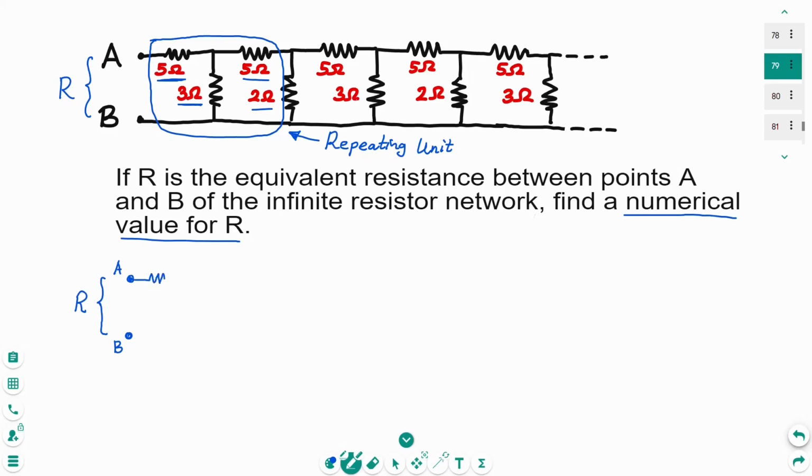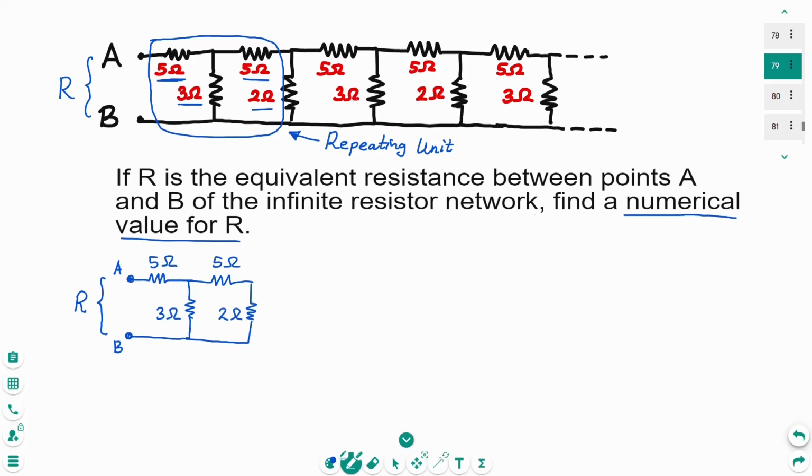The four resistors, 5 ohm resistor, then there's a 3 ohm resistor, like that, and then another 5 ohm resistor, and then I have a 2 ohm resistor. So this is the repeating unit. And to the right of this unit, you have this continuation of the infinitely long resistor network.